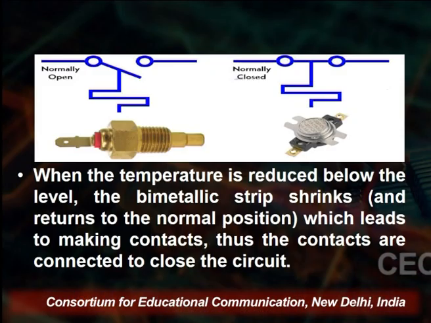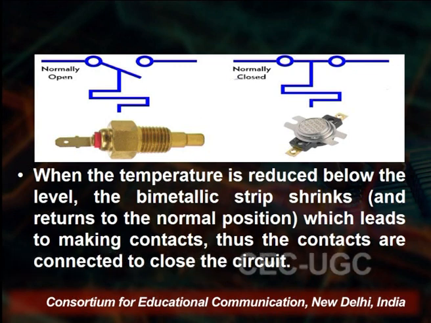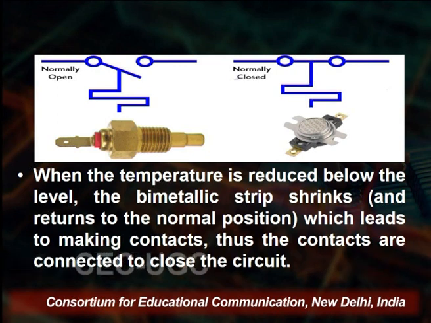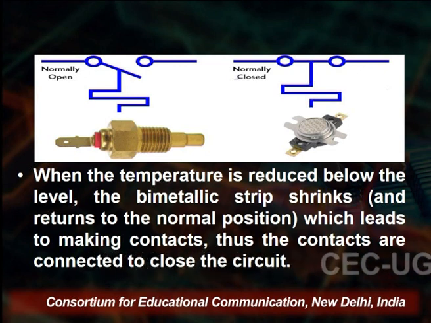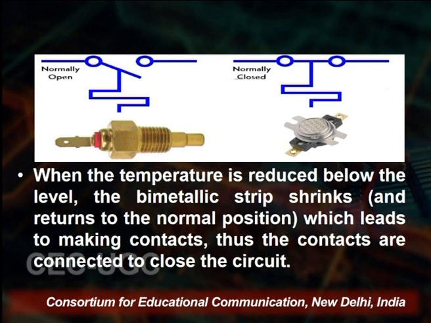You see on the screen here that when the temperature is reduced below the level, the bimetallic strip shrinks and returns to the normal position, which leads to making the contacts. Thus the contacts are connected to close the circuit. You see here that the circuit will be connected.